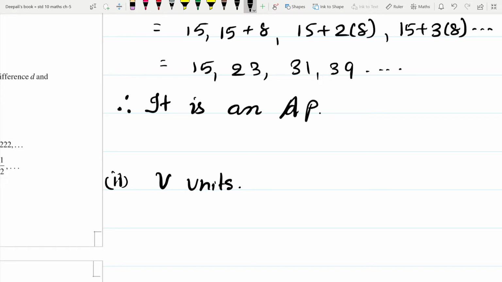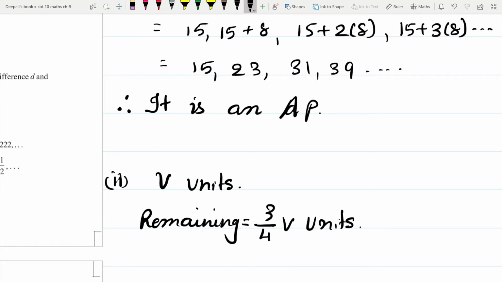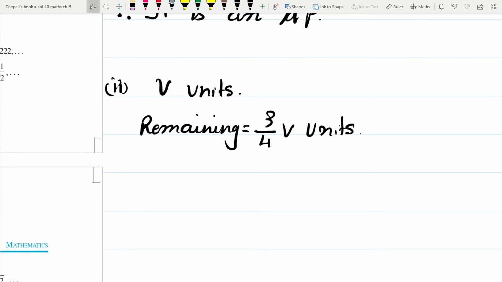Then the volume of remaining air in the cylinder will be 3 by 4 V units. Therefore, the volume of air remaining in the cylinder after the second attempt will become 3 upon 4 square V units.